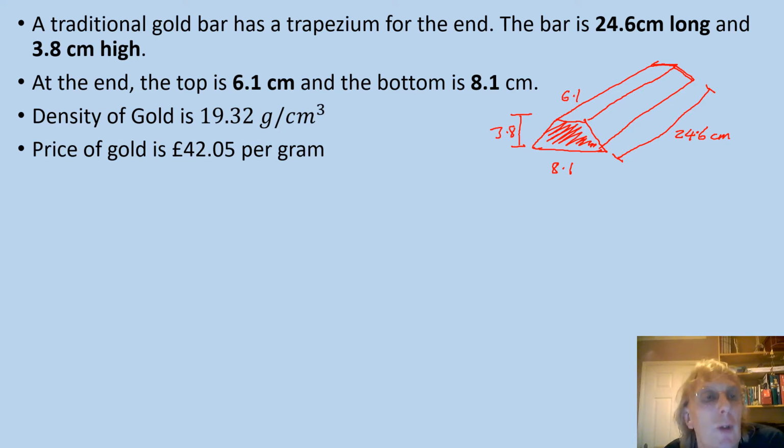So, area of trapezium equals, and the formula is a half times a plus b, times h. That's a formula in the GCSEs you have to remember. You have to know that off by heart.